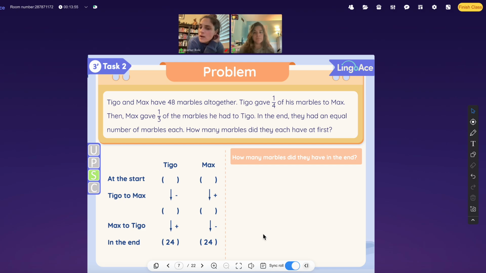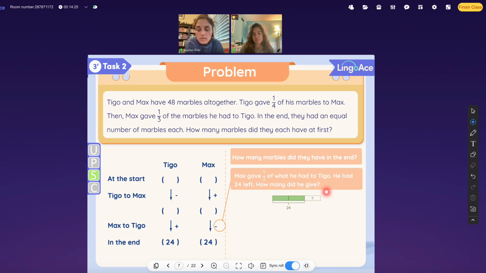Do you remember how we can use a bar graph to split up the 24 to figure out how we can go from the end to the beginning? Well, I guess the total bar graph would be 48, and then you'd have 24 and 24 on each side for the end. Okay, let's see it. I'll show you how it's drawn here.